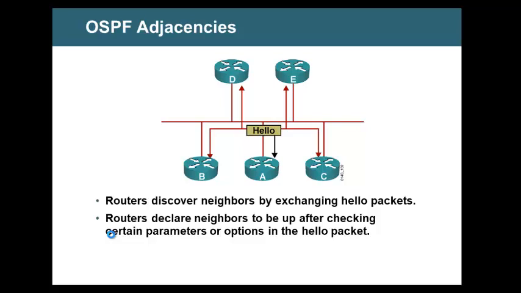And then area ID should match. And if you have authentication, then that also should match. Authentication type and authentication key, both should match. And then if you have stub configured, then stub type also should match. If any one of these is not matching, the neighborship won't come.